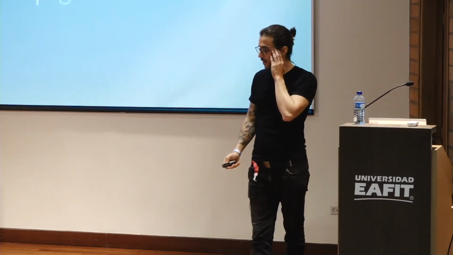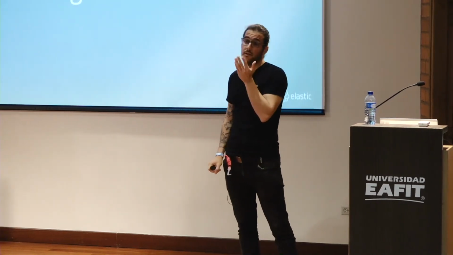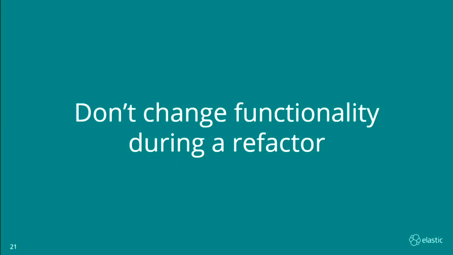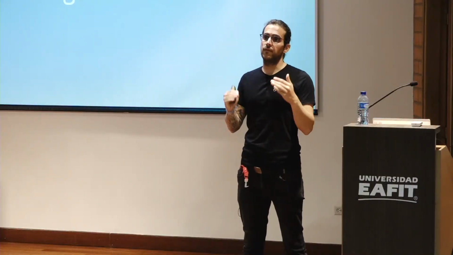Don't change functionality during a refactor. I just said this. If you're refactoring some code, say you are given this Python 2.3 code base, and they tell you, well, you've got to port it to 3.0. All right, do it, do the refactor, use all the 3.8 features that you want to use, but do not change the functionality.